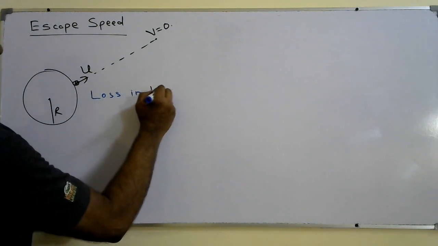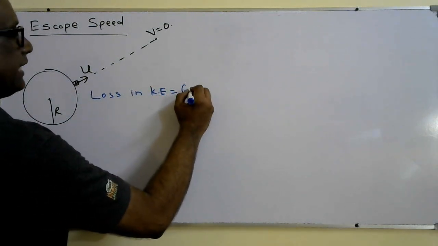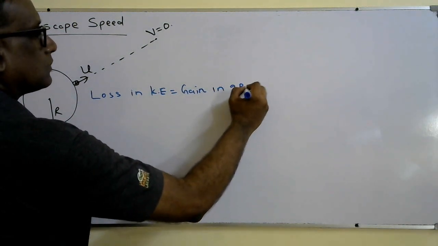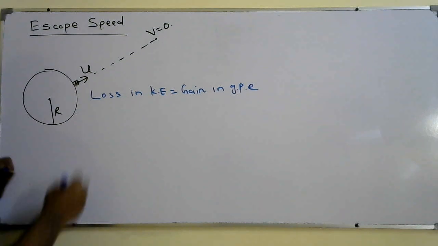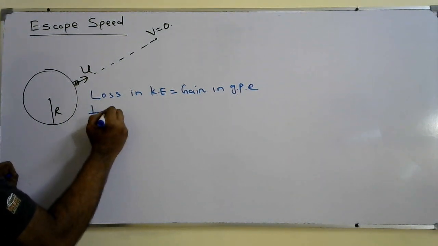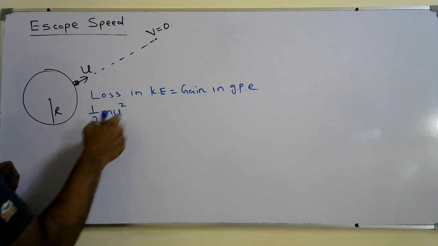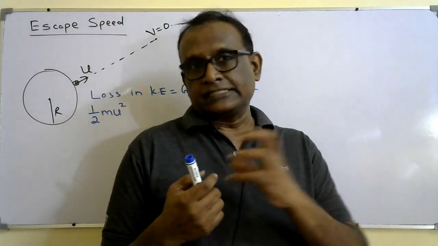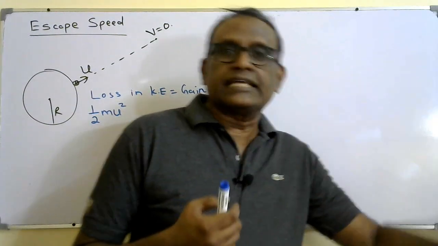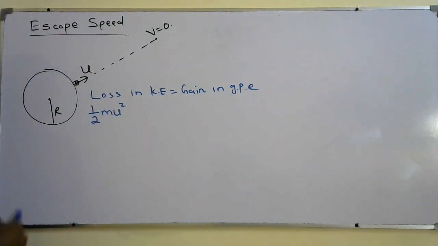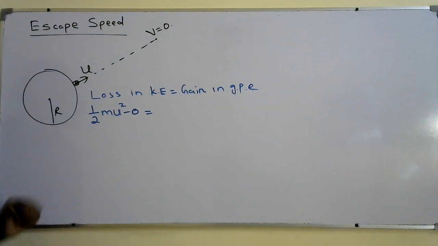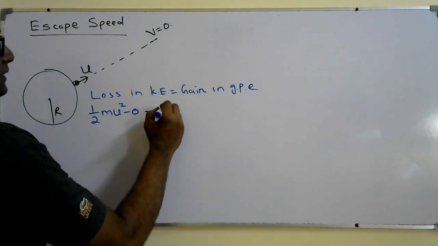Loss in kinetic energy means initially its kinetic energy is half mu squared. We are finding the minimum kinetic energy such that it completely escapes from the gravitational effect of the planet, which means it should reach infinite distance. At infinite distance, the kinetic energy equals 0, it just reaches, so the speed becomes 0. The final gravitational potential energy is 0 because at infinite distance there should be no gravitational pull on it.